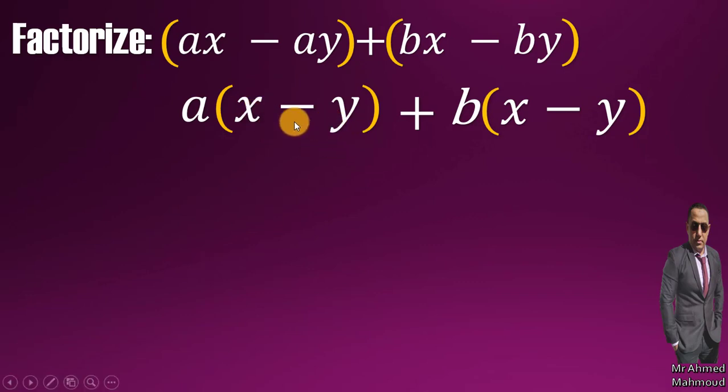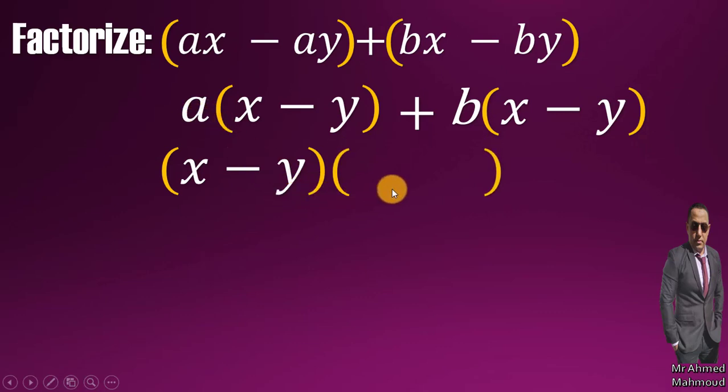Now in this case I have x minus y and x minus y, so I have a good choice. I'm going to open two brackets: the first bracket will be x minus y, and in the second bracket I'm going to write a here and b here. Finally, I have factorized this expression into x minus y times a plus b.